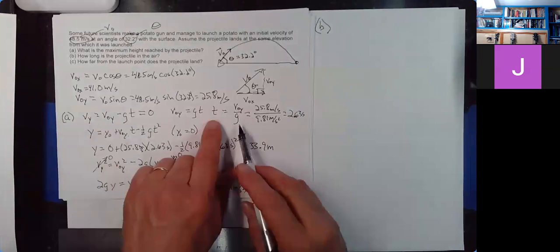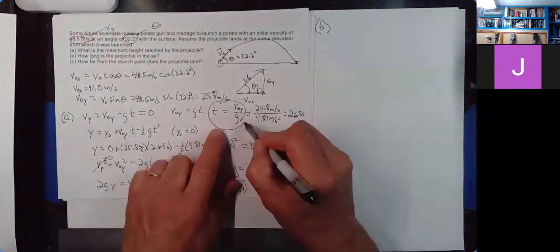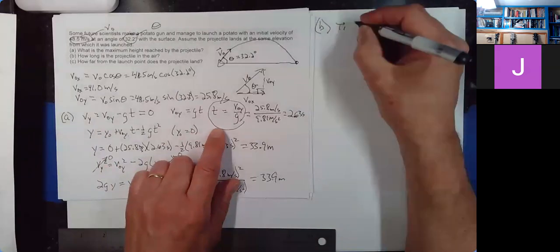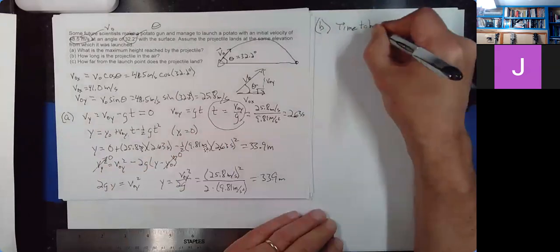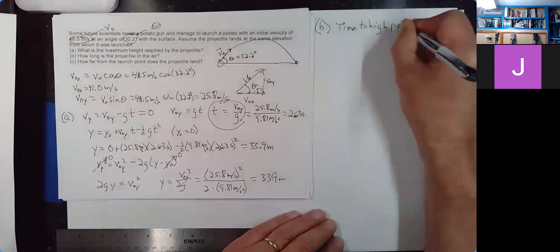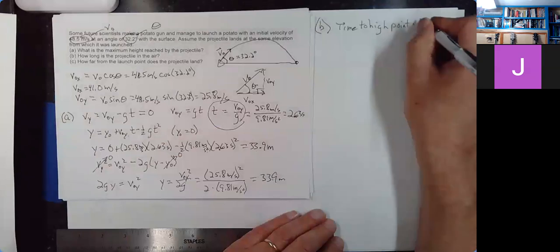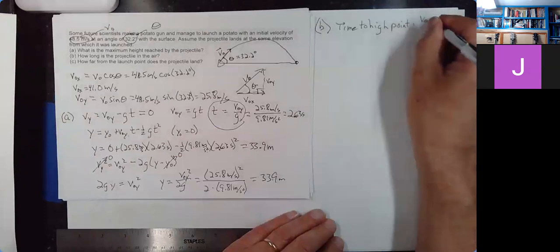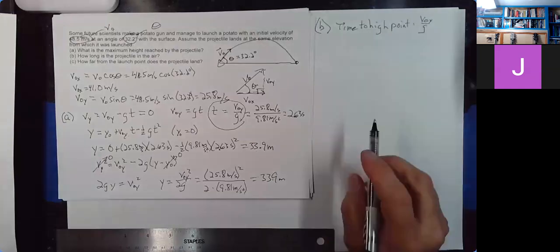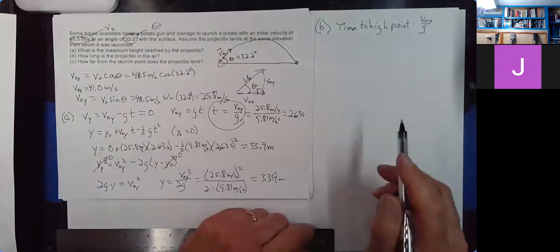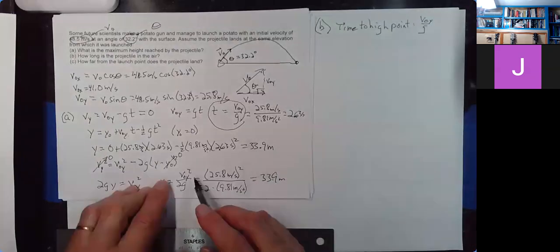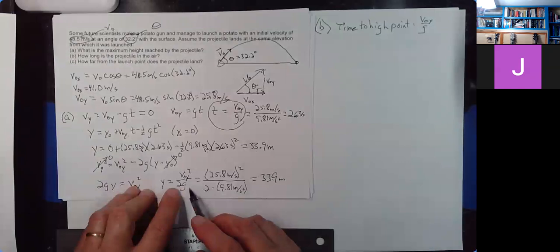Here, we figured out the time to the high point. And it was V naught y divided by g. Okay. Now, it's at that high point. The high point, we figured out here, it's V naught y squared over 2g.